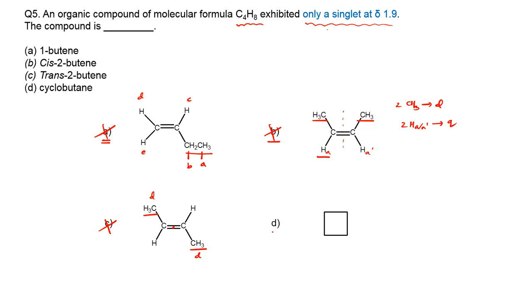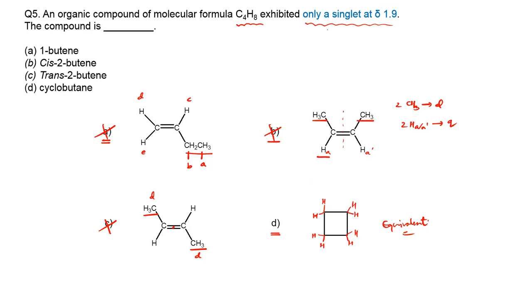In option D, we observe that this is the compound where we have these four CH2 connectivities, and all these protons are equivalent. All these protons are equivalent, and we do not expect a difference in chemical shift.